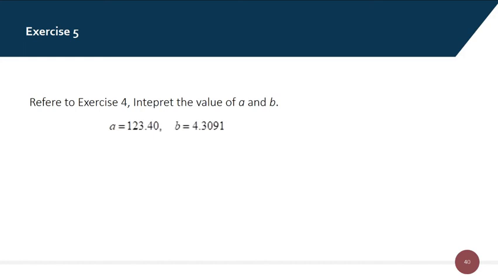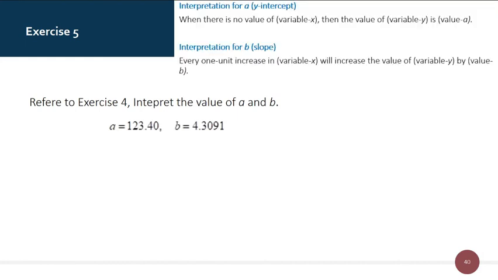So your A is equal to 123.4, B is equal to 4.3091. Again, let's refer to how you interpret A and B. What is your X variable? It is the age of the machine, and your Y variable is the breaking of synthetic fiber.